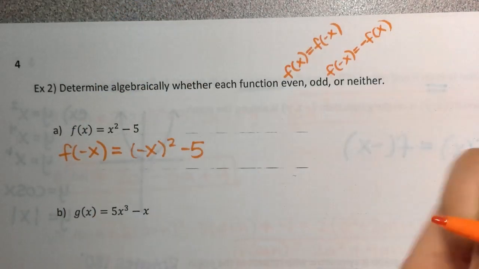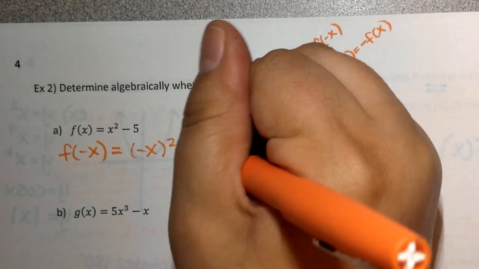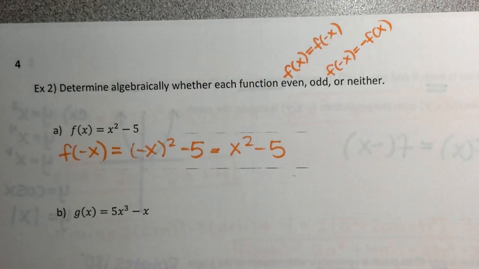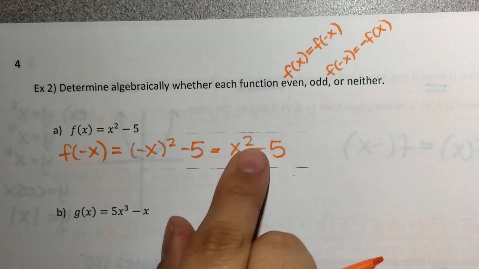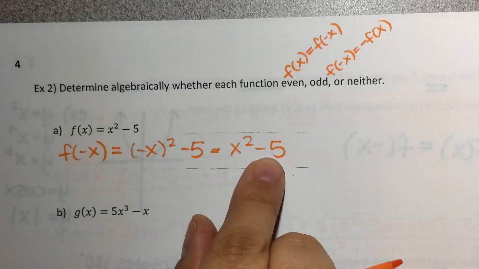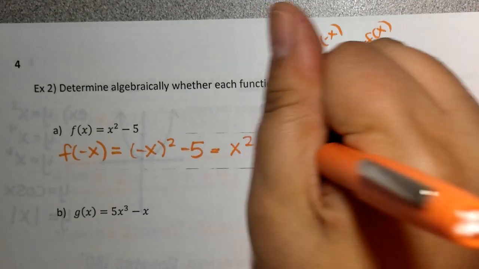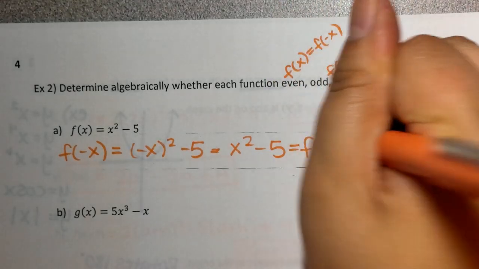What is negative x squared minus 5 equal? It just equals x squared minus 5. And what's x squared minus 5? Isn't that the original thing? So this equals f of x.